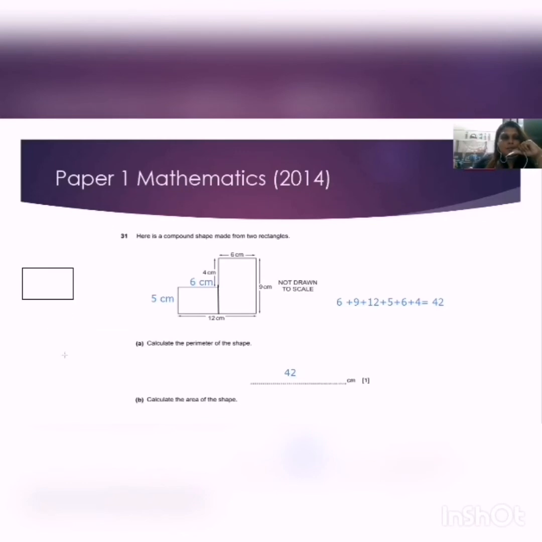I'm going to draw it below here. Now, this is 6 centimeters, and we have 5 centimeters, and here is 6 centimeters, and here we have 5 centimeters.